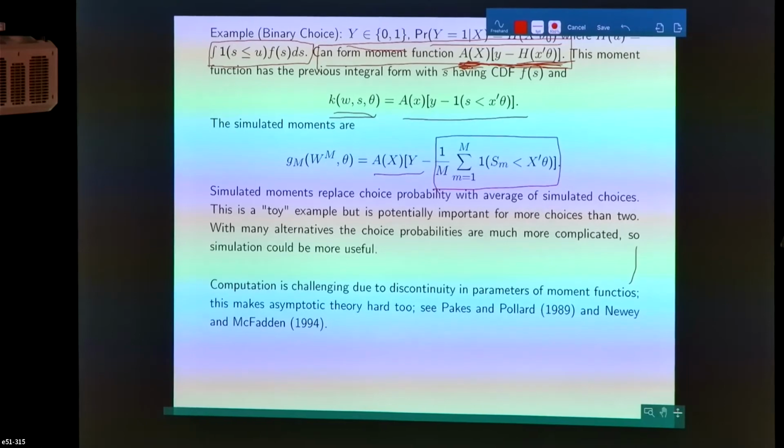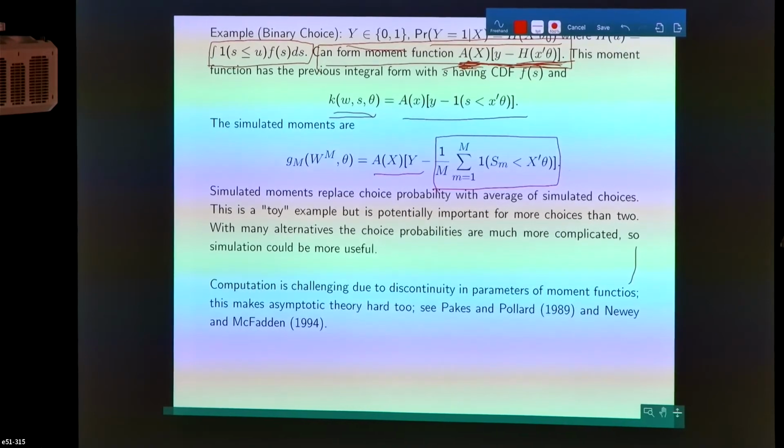So the simulated moments replace the choice probability with the average of simulated choices. It's like you're simulating a bunch of consumers, or choice makers, and then counting the number of times that choice one has a higher utility.